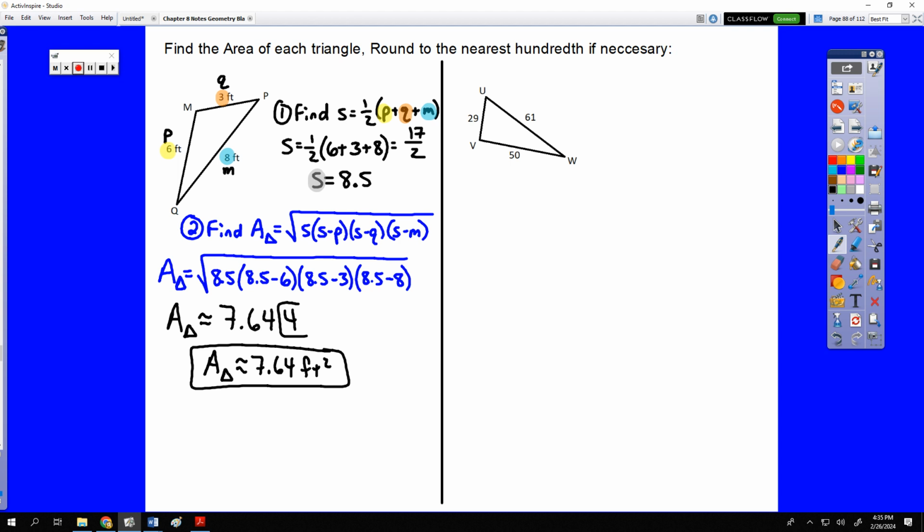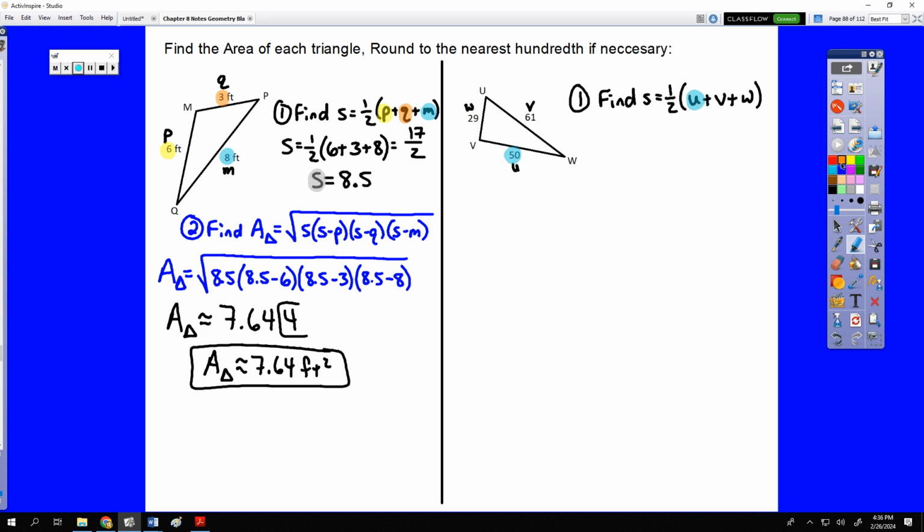Again, if you need to, you can pause at any time. So here we have 3 side lengths, little u, little v, and little w. We are being asked to find the area. So first we find the semi-perimeter. Remember, that is 1/2 the sum of the 3 side lengths. It doesn't matter what letters are being used for the 3 side lengths.